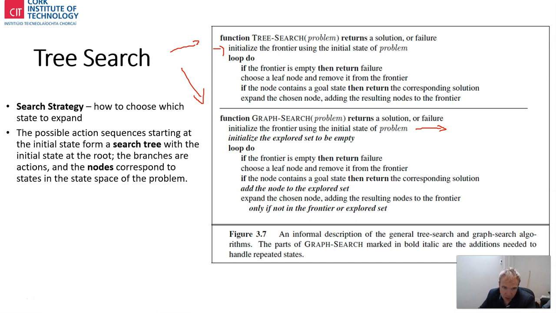We choose Arad as the leaf node, remove it from the frontier. If the node contains a goal state, then return the corresponding solution. It doesn't. Add the node to the explored set. Arad is added to the explored set. Expand the chosen node, adding the resulting nodes to the frontier, only if not in the frontier or explored set.